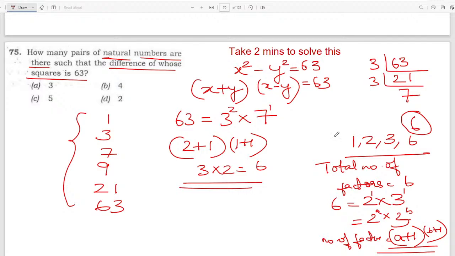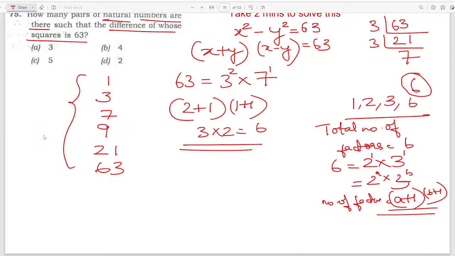Now 63 can be written as 63 into 1 is equal to 63. It can be written as 21 and 27.